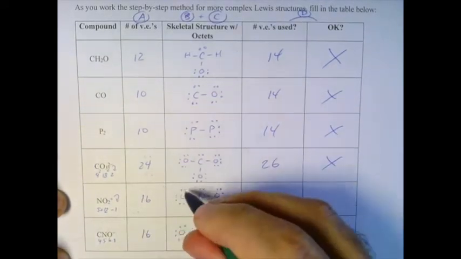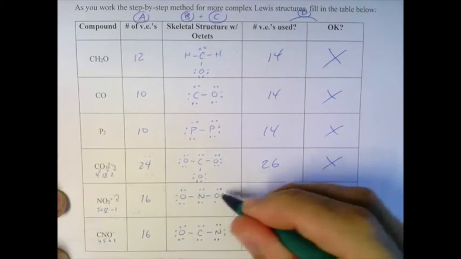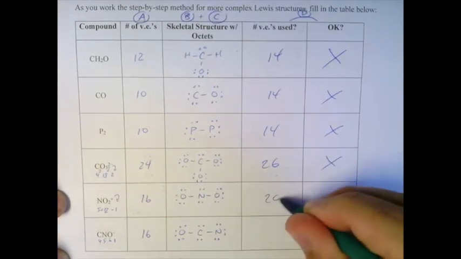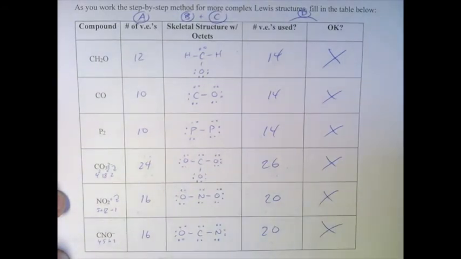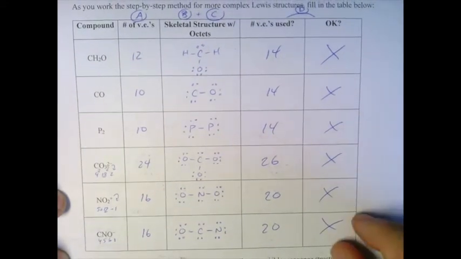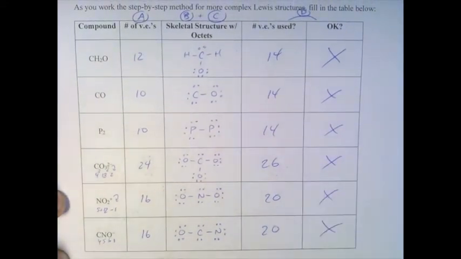NO2 plus: 2, 4, 6, up to 20. And in fact, that'll be the same down here. And both of those also problematic. So we are not okay. Not in any way, shape, or form. Every one of these is going to require some adjustment based on giving it fewer electrons, but still keeping its octet intact. So let's go to the whiteboard and give that a try.